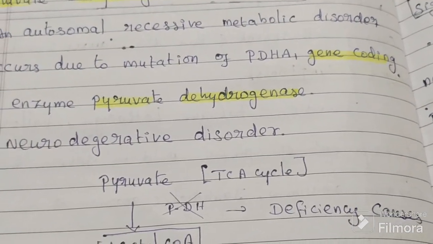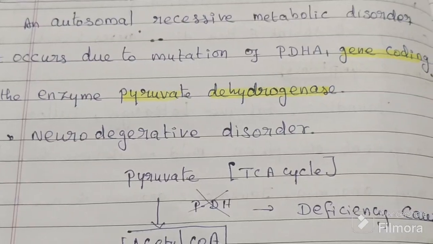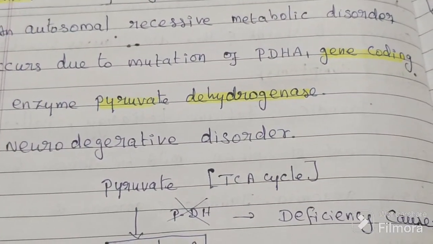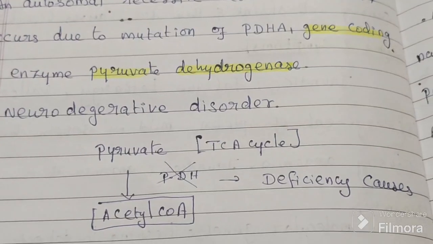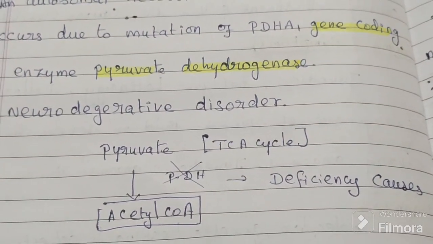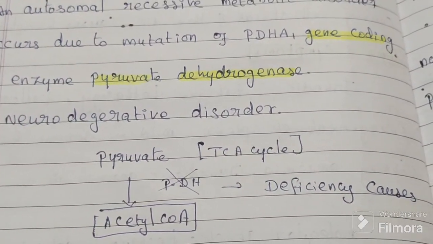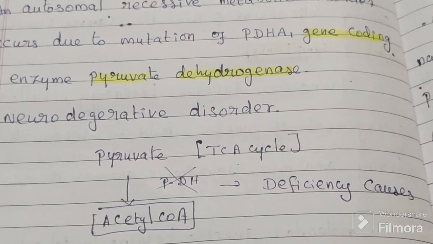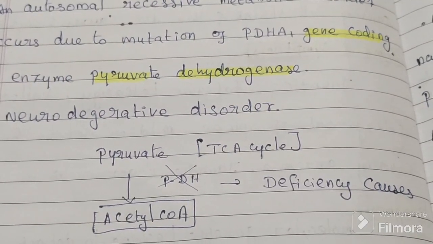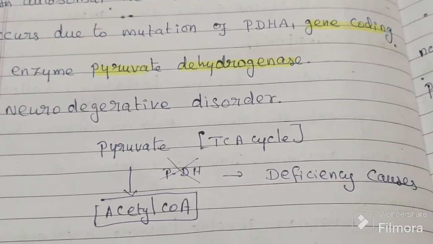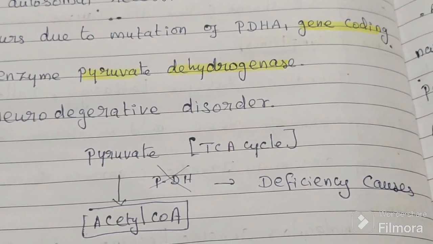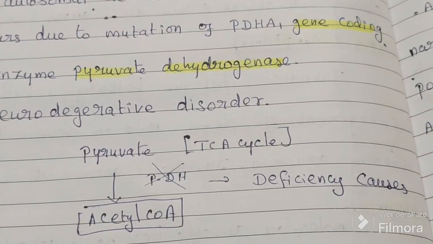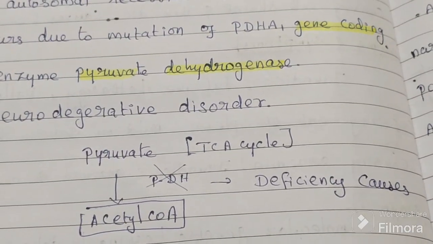Pyruvate dehydrogenase is an enzyme in the TCA cycle that helps in the conversion of the starting substance pyruvate to acetyl coenzyme A. Its deficiency causes pyruvate to build up in the cell.